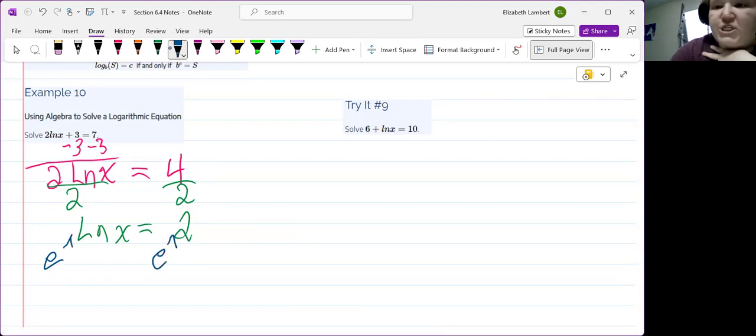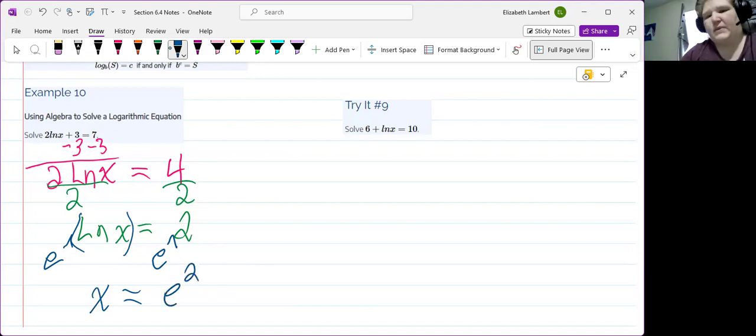So my inverse function here is e as an exponential. So e to the natural log of x equals e to the second, so x is e squared. Now, if you had this on WebWork, they should take that, but we know how WebWork is with shoulds.